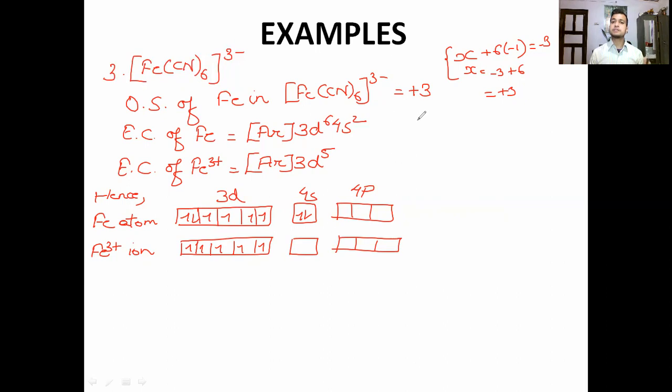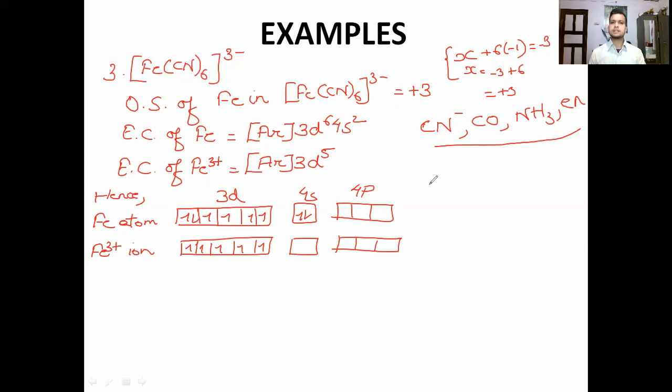Some very common strong field ligands which you usually encounter in your course are cyanide, carbon monoxide, ammonia, and en. En stands for ethylenediamine. These four, which are very common in most complexes, are categorized as strong field ligands. This classification is based on crystal field theory, not on the basis of valence bond theory.